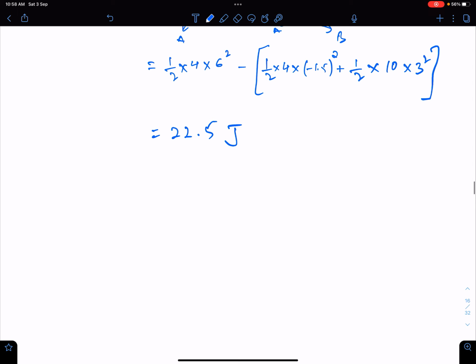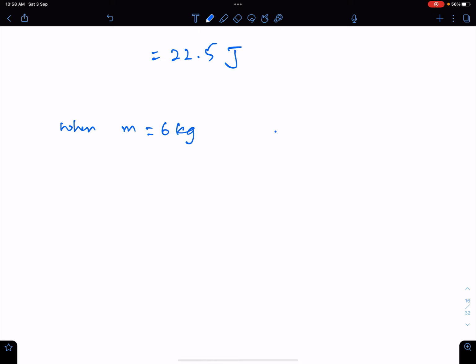Now the second possibility, when the mass of B is 6 and A was moving in this direction.